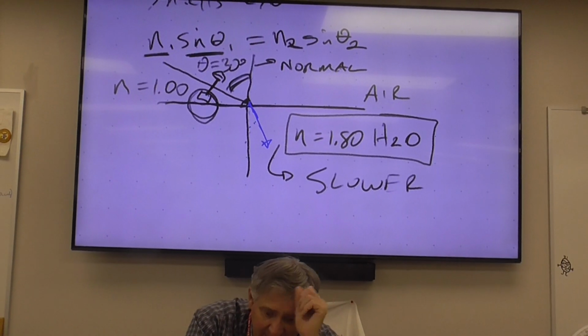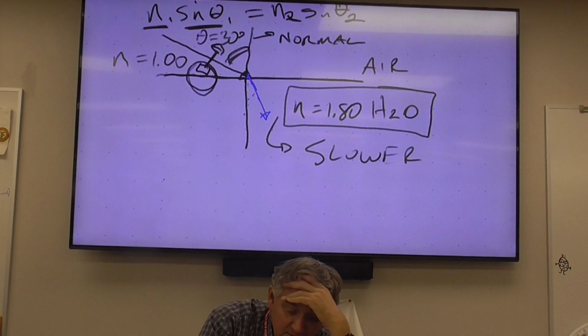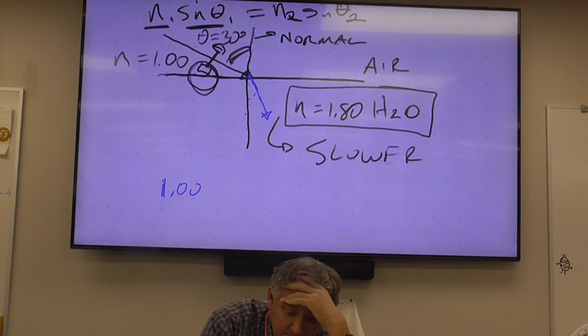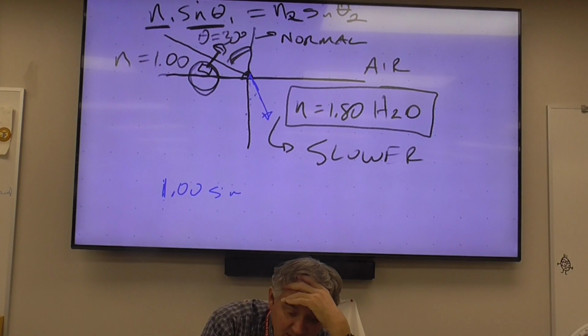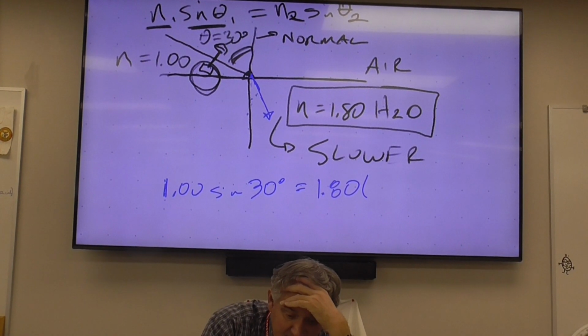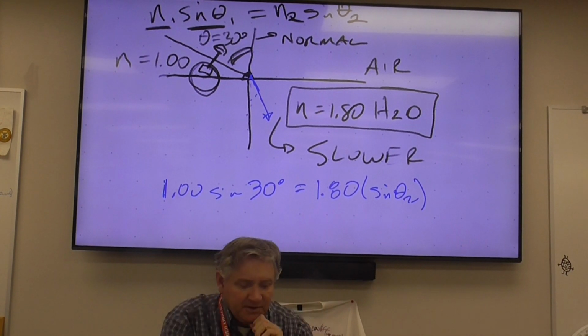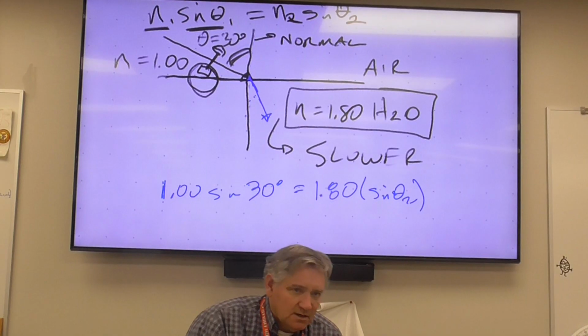Now, mathematically, here's where math comes to the rescue. If you look at n1, which is 1, times the sine of 30 degrees, that's going to equal n2, which is 1.80, times sine theta 2. So how are you going to get sine theta 2 by itself?